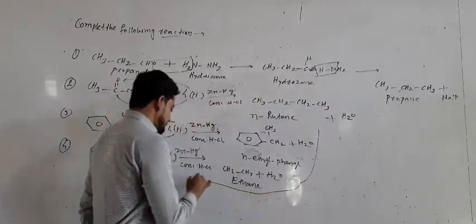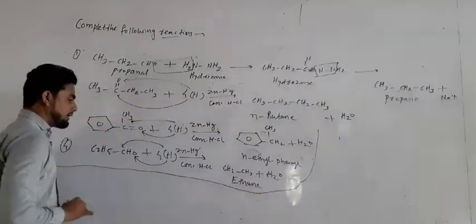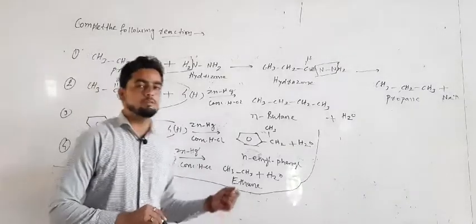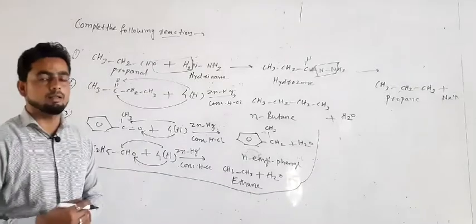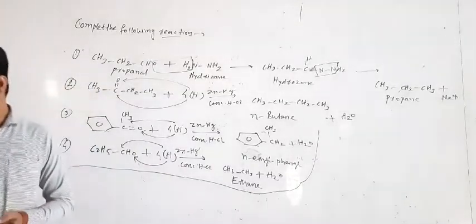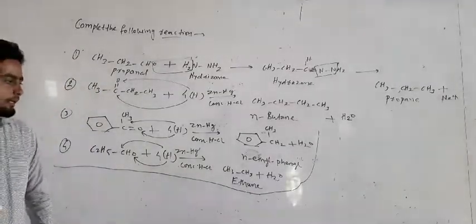Okay. So the last reaction of this preparation or chemical reaction of aldehyde and ketone is called what here? The name reaction is especially called electrophilic substitution reactions.